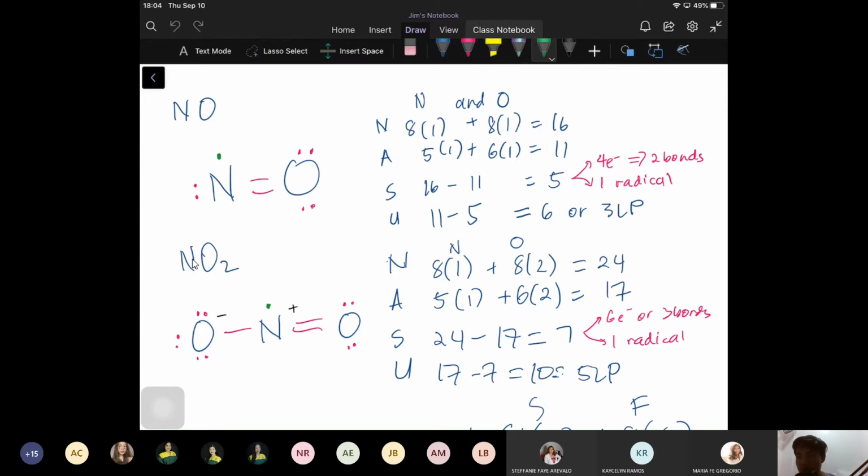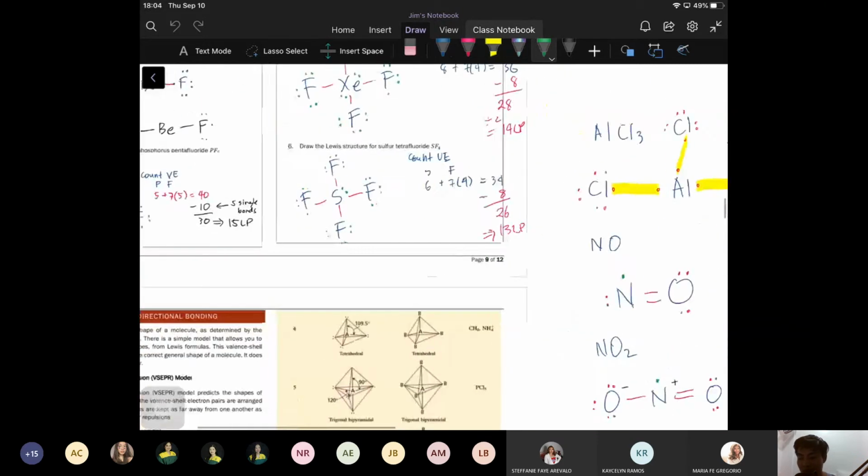Yan yung mga radical scavenging molecules. Kaya pag hindi kumakain ng gulay, delikado kayo dito. Tsaka iwas sa pollution kasi yung exhaust ng gasolina, naglalabas yun ng NO2 minsan or NO. Ayun, may radical. Pag pumasok yan sa lungs nyo, nako po. Baka magka-cancer kayo. So, ingat.